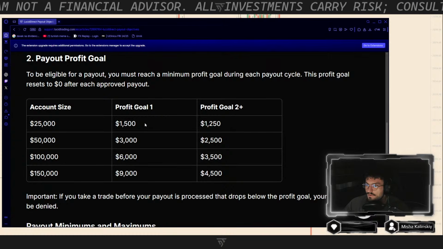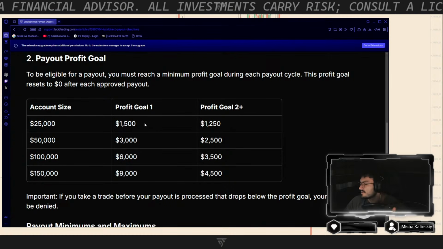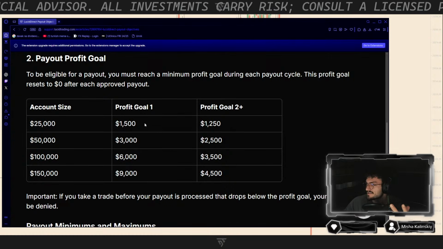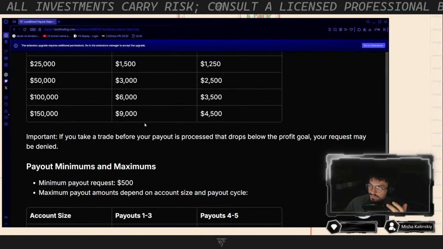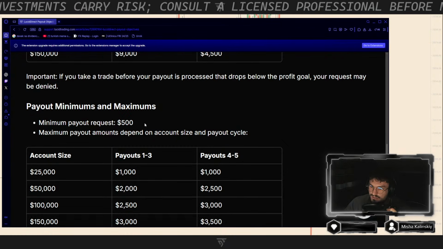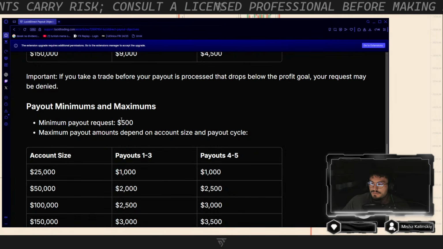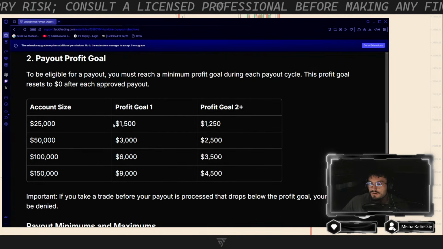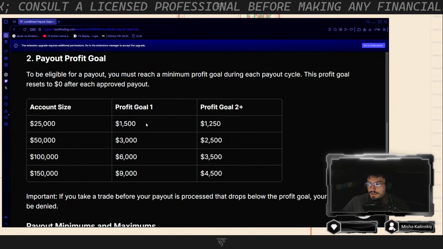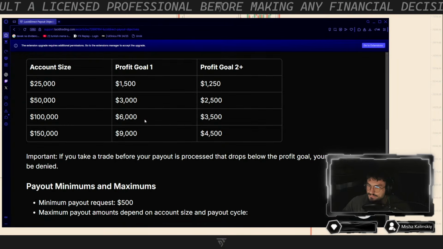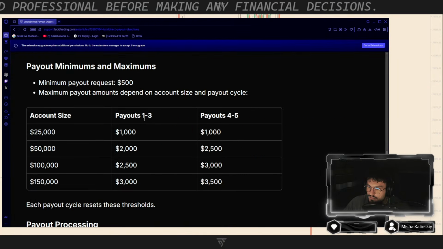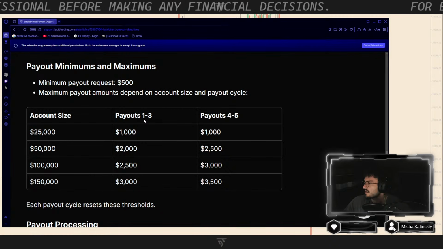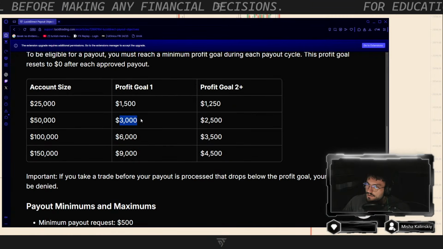Okay, of course. I thought there was no profit goal. You just withdraw $500. You trade 5 days and withdraw $500, which is nice. Payout minimums, so you can withdraw. Oh, so you have 500. Okay. I see. And you need to make 3.